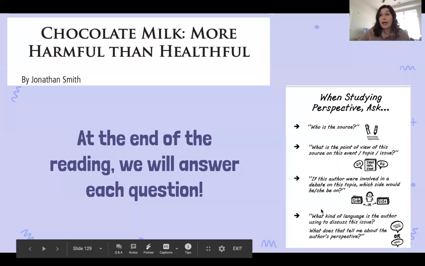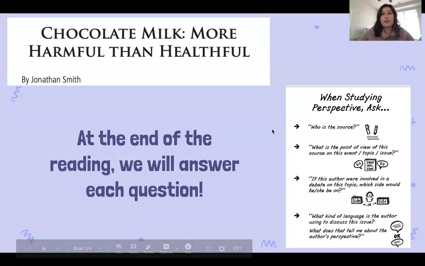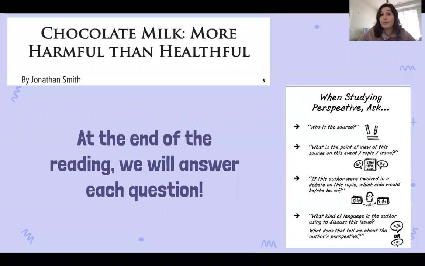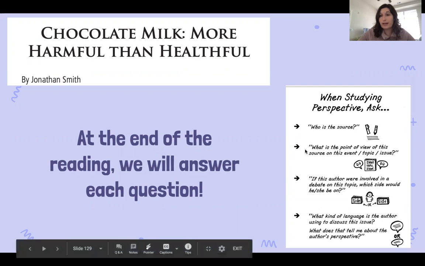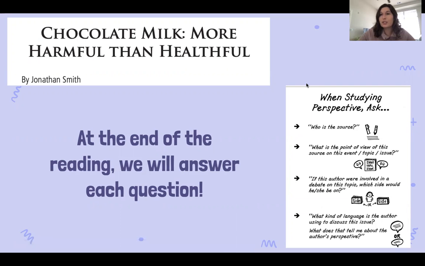We are going to be practicing answering these questions today. We are going to read an article titled Chocolate Milk More Harmful Than Healthful by Jonathan Smith. So at the end of reading this article, we will answer each of these questions that we just went over, and it's going to help us identify the perspective of the author.